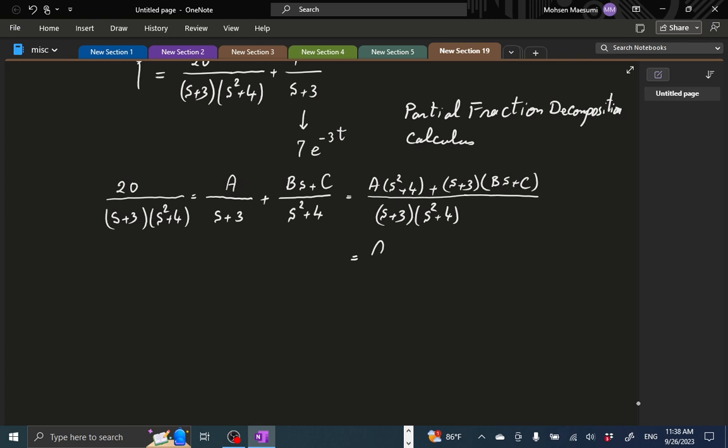So this is As squared plus 4A plus Bs squared plus 3Bs and Cs and 3C, with the same denominator.